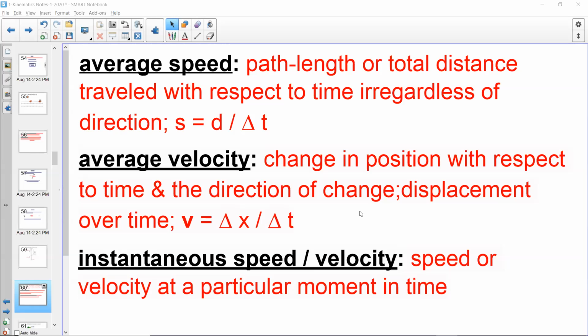In the next unit, we're going to be focusing a little bit less on average velocities and average speeds, and a little bit more on instantaneous velocities and speeds. What is the speed at a particular instant, a particular point in time? I want you today to start thinking about the fact that while we're focusing on averages right now, there is a way to measure the speed right now.